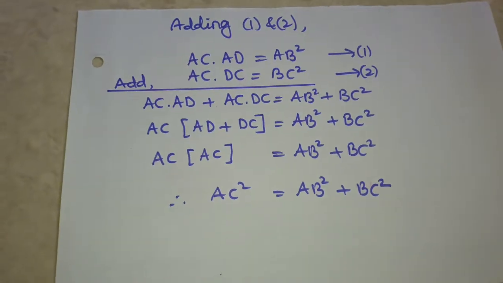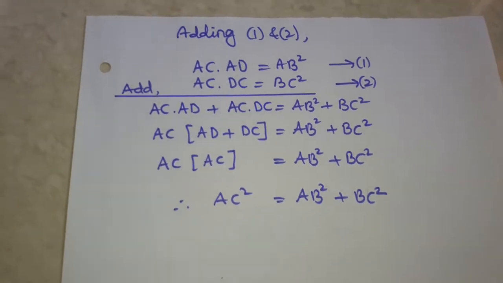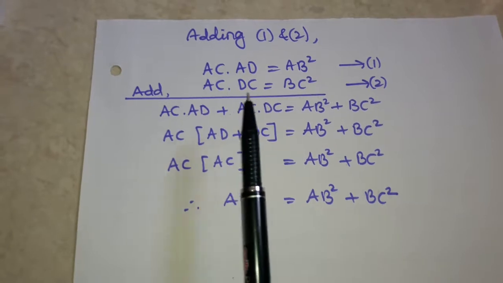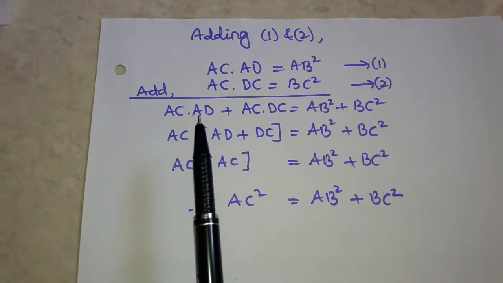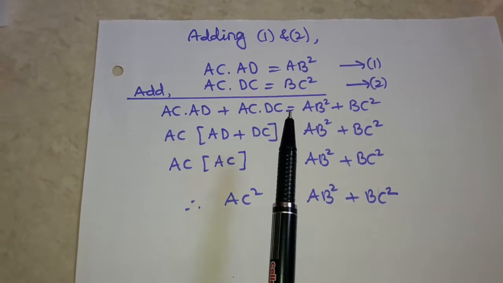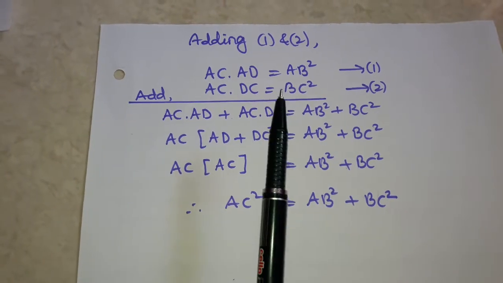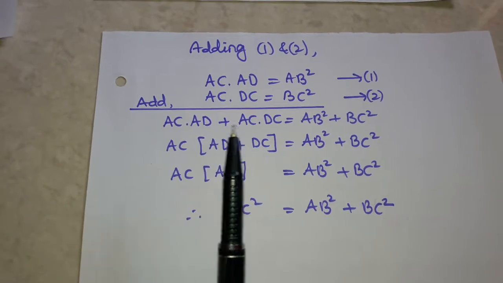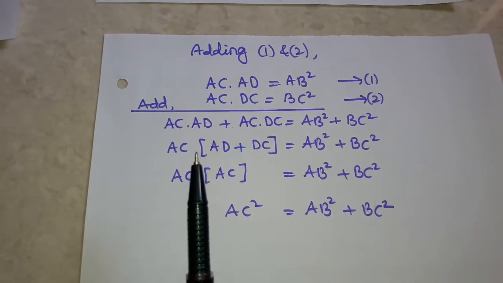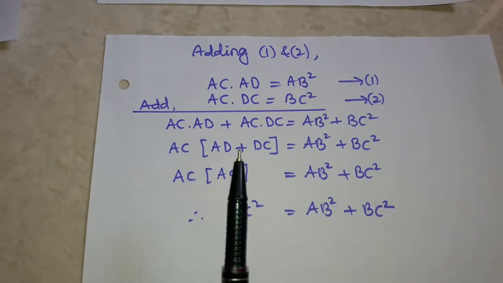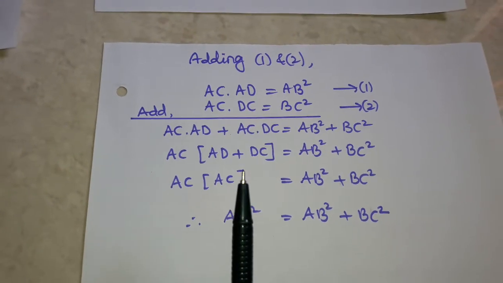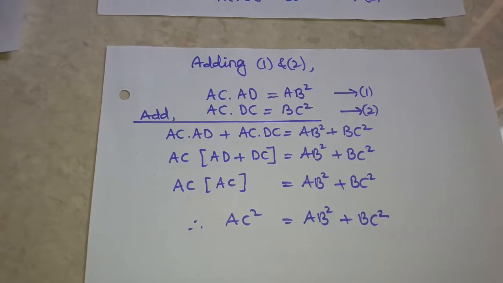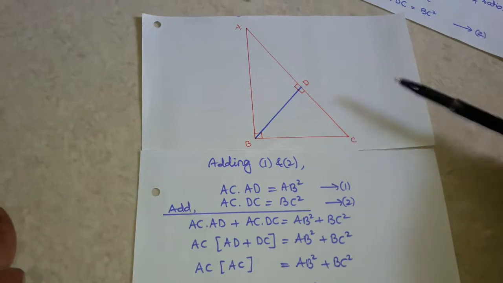Now let's add 1 and 2. See, here we have listed equation 1, note 1, and equation 2, note 2. We are adding: AC into AD plus AC into DC is equal to, on the right side, AB square plus BC square. In these two terms AC is common, so let's write it outside, and in brackets AD plus DC. See, AD and DC can be added by looking at the triangle.